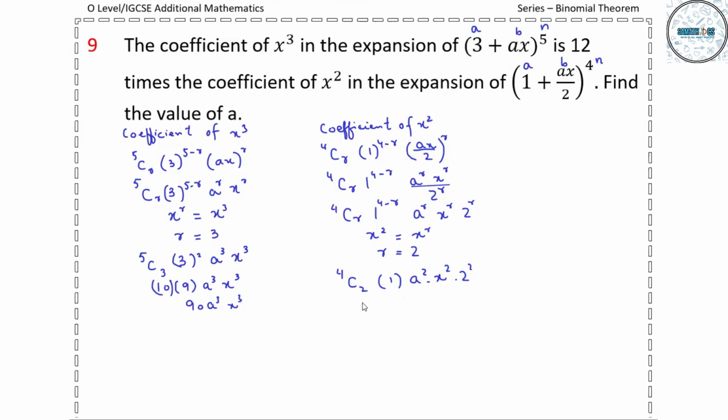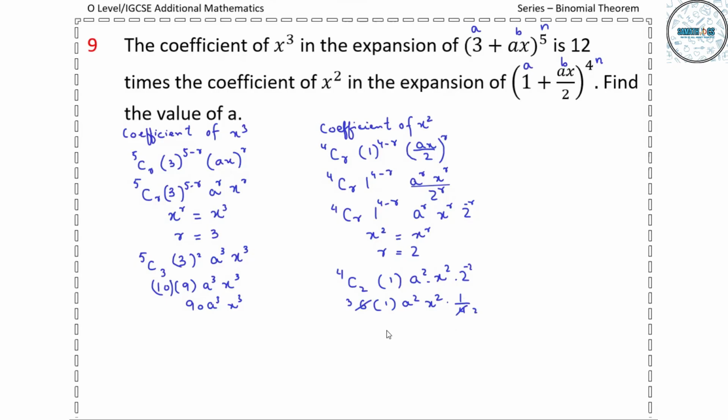4C2 is 6, into 1, into a squared, into x squared, into 2^(−2), which is 1 upon 4. So we can cancel out this by 2.